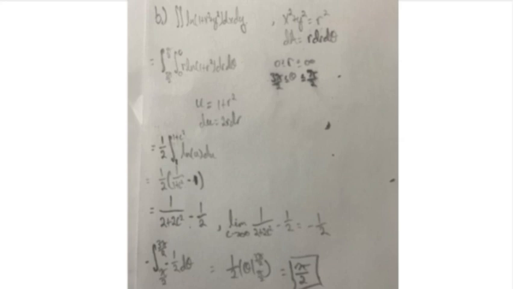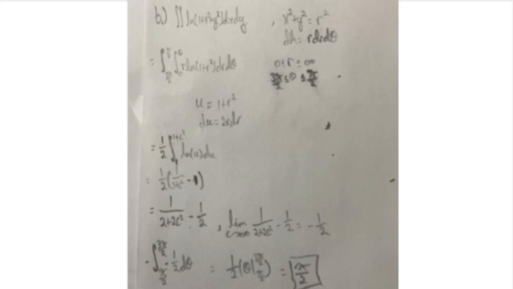I used the u substitution to solve for this one, and towards the end I did change the bounds for the integral from infinity to c because it is an improper integral, and at the end there I set the limit as c approaches infinity and found that it is equal to negative 1 over 2.